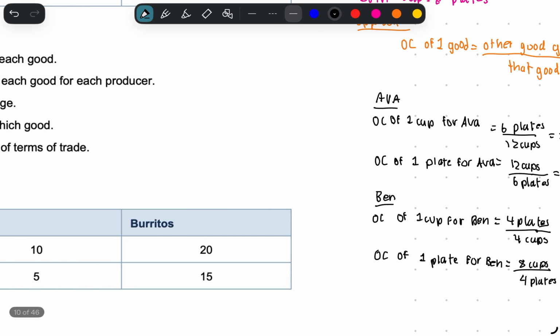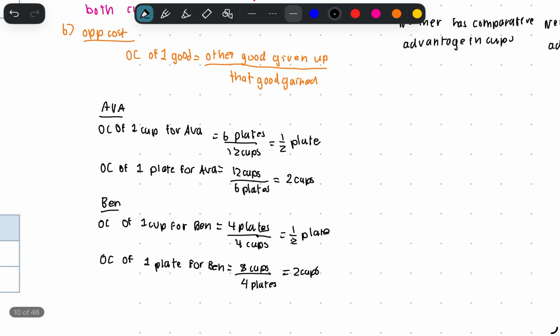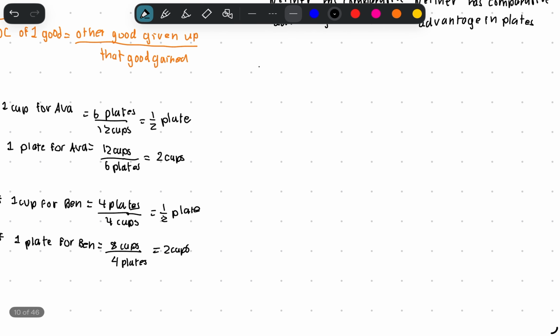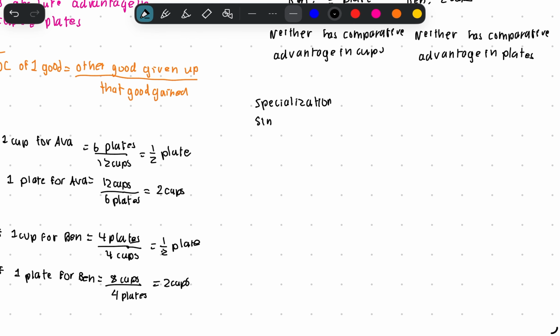Now, for our 4th question, we're asked who should specialize in which good. So this is talking about specialization. In our scenario, since the opportunity costs are the same, there is no comparative advantage.